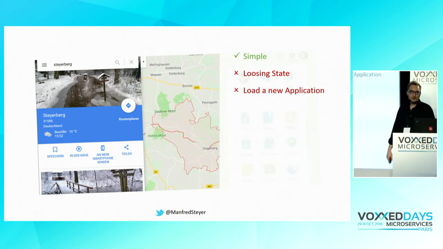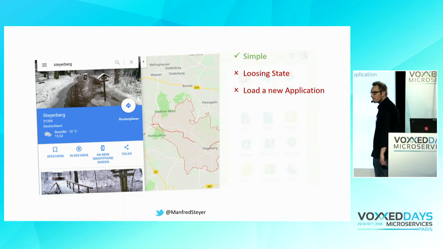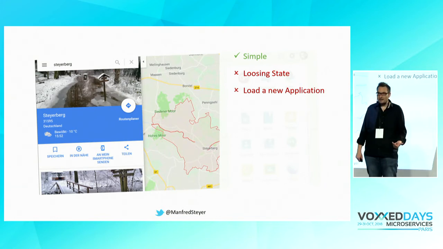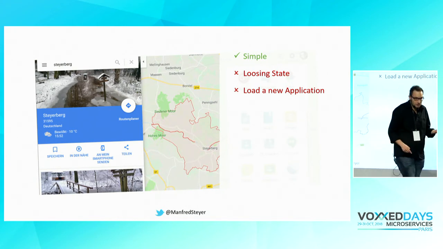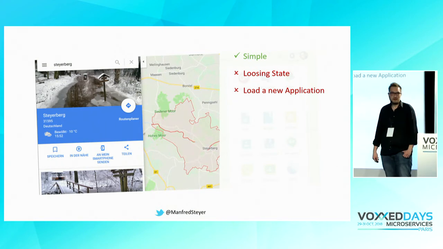And this is because a whole new application is loaded into your browser. And to be true, this is exactly what we wanted to prevent when we invented single-page applications. Back then we said, hey, we don't want to load additional pages from the server time and again.